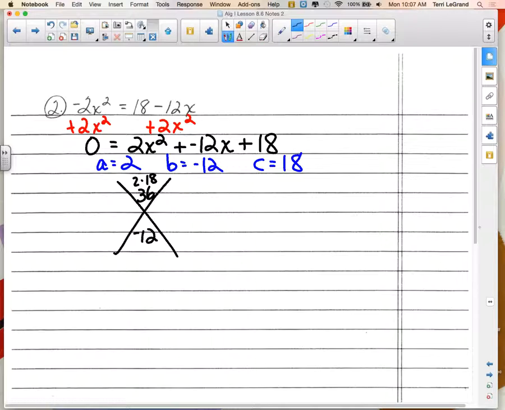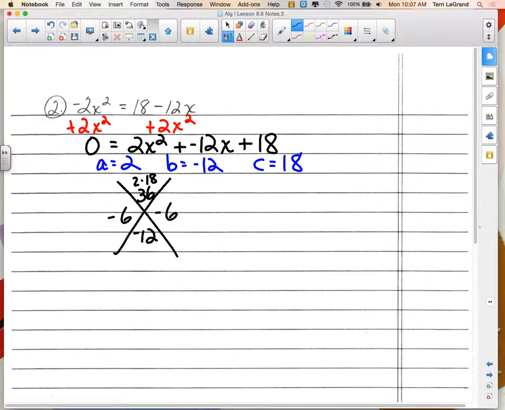What are those factors of 36 that add up to negative 12? Negative 6 and negative 6? So now is our new factor name x minus 6 times x minus 6?